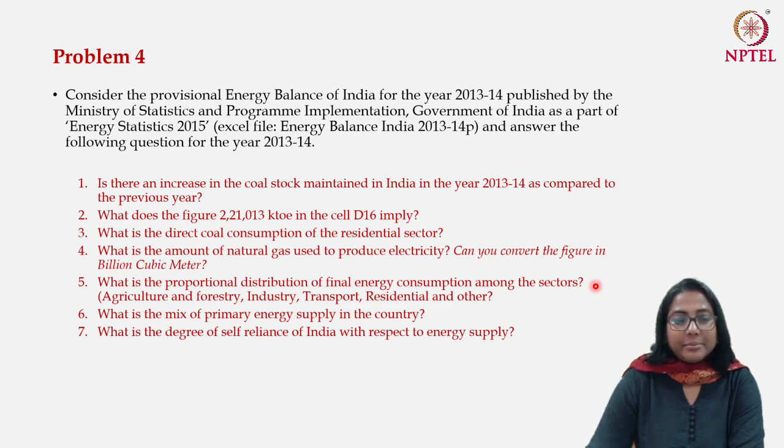In your reading material, you will find one Excel file called Energy Balance India 2013-14P, which is the energy balance table for India published in the Energy Statistics 2015, and from there we have taken the provisional energy balance table for the year 2013-14. The questions that follow will be based on this particular table.